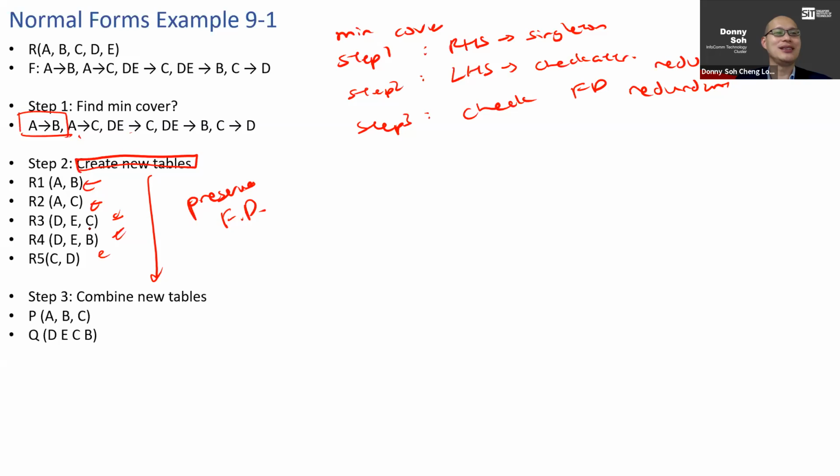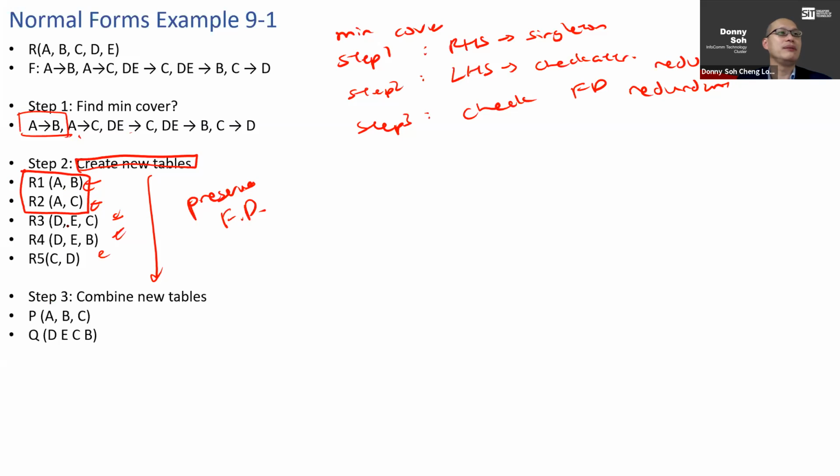So we are assured that it will definitely preserve all my functional dependencies. The next thing is I want to combine any tables if required. In this scenario, we can combine these two tables.